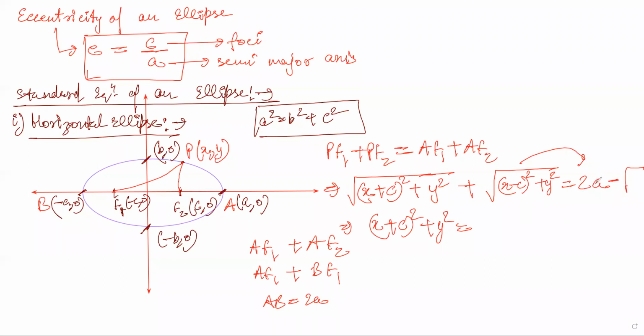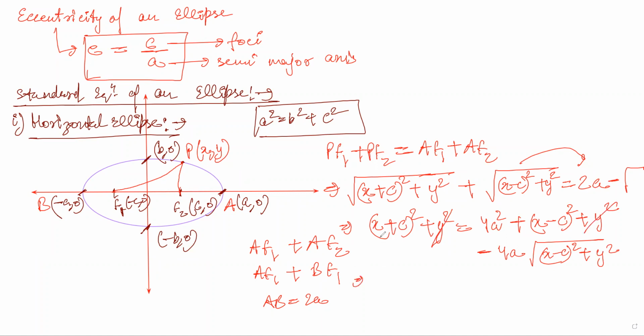So this is something like (a minus b) whole square. So this would be 4a square, 2a का whole square होगा 4a square plus this whole square, square root हट जाएगा, this would be this minus 4a, 2a into 2 is 4a, root of (x minus c) whole square plus y square. This is cancelled.